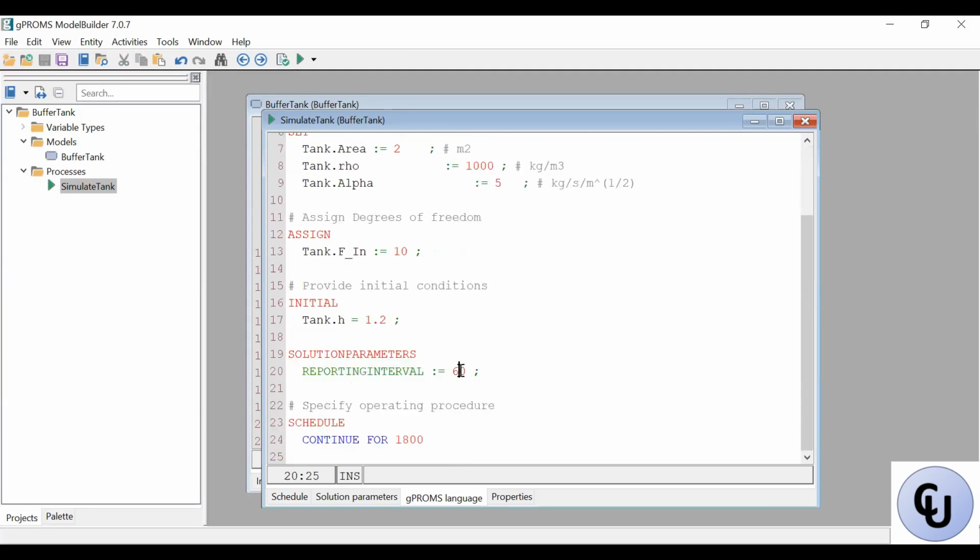The reporting interval, I can specify on the solution parameter. This is not mandatory here. You can also do that in the dialog box that will pop up when you run the code. So you can put 1 here. And the schedule is where we specify the operating procedure, how long we want to run the simulation for.